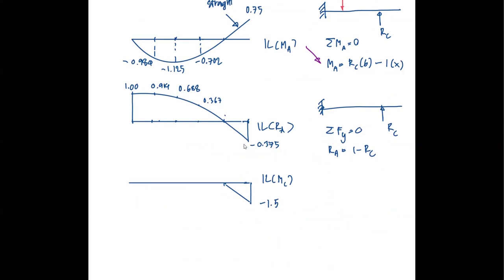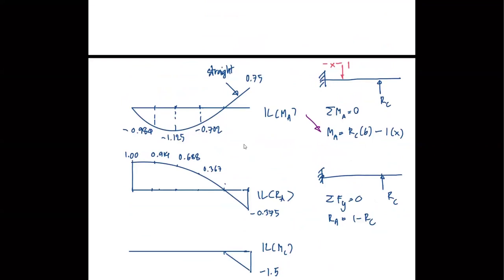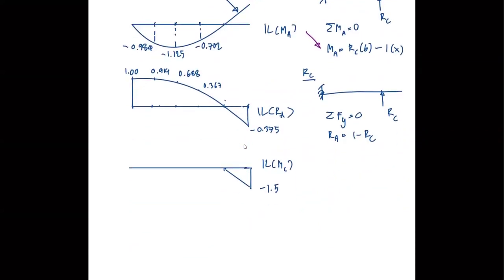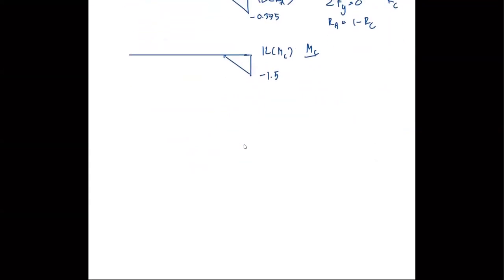Next is, say this is for MC. This is for RA, right? Now is what? VB, right?